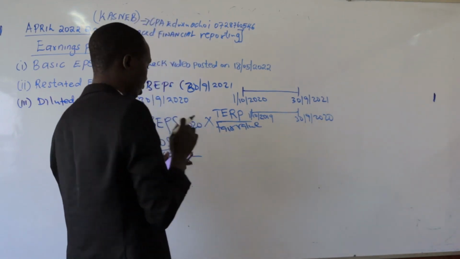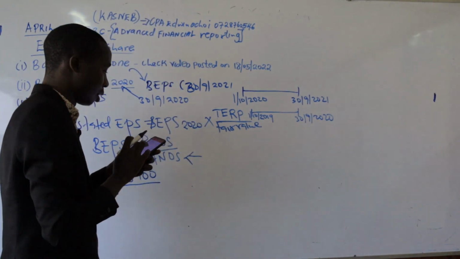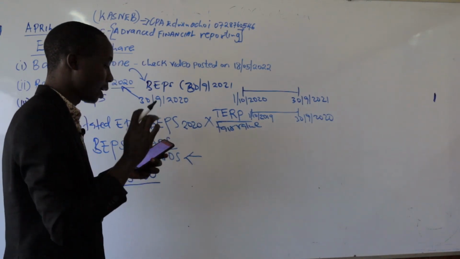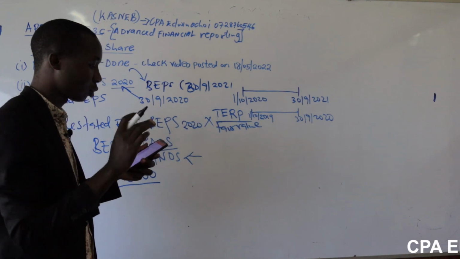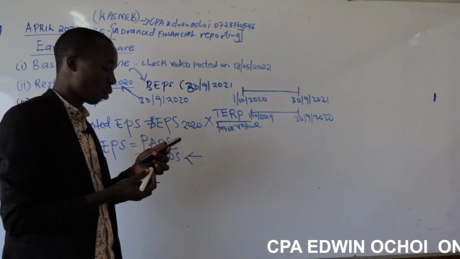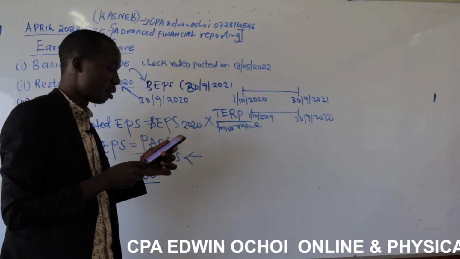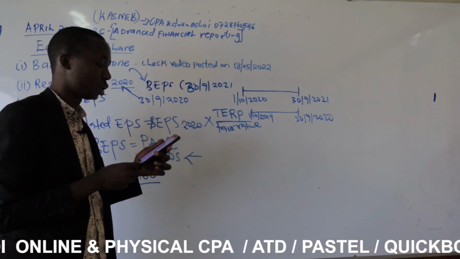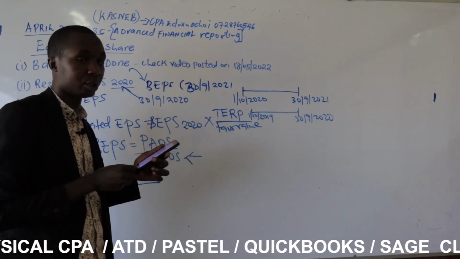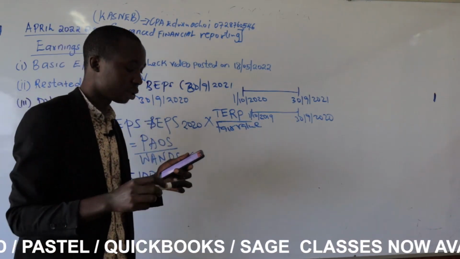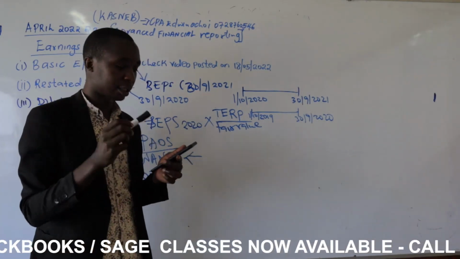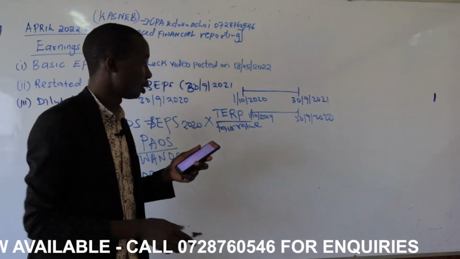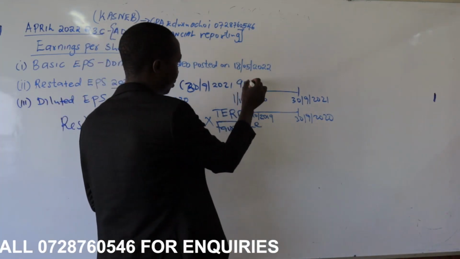Remember that at the start of the question, you were told that R Limited, a publicly traded company, had 9 million ordinary shares of shillings 1 par value and 1,007% redeemable preference shares of shillings 10 par value each on 1st October 2020. So the ordinary shares outstanding as at 1st October 2020 are 9,000.